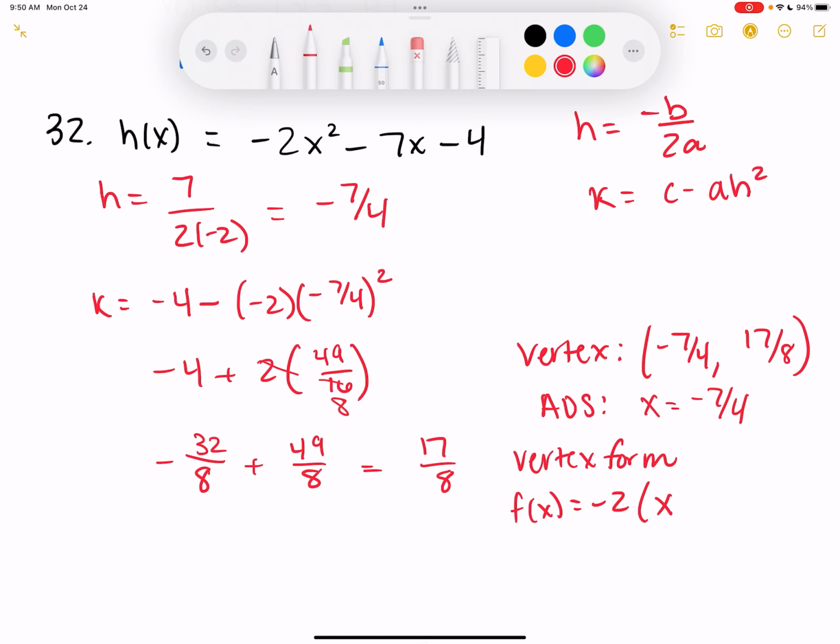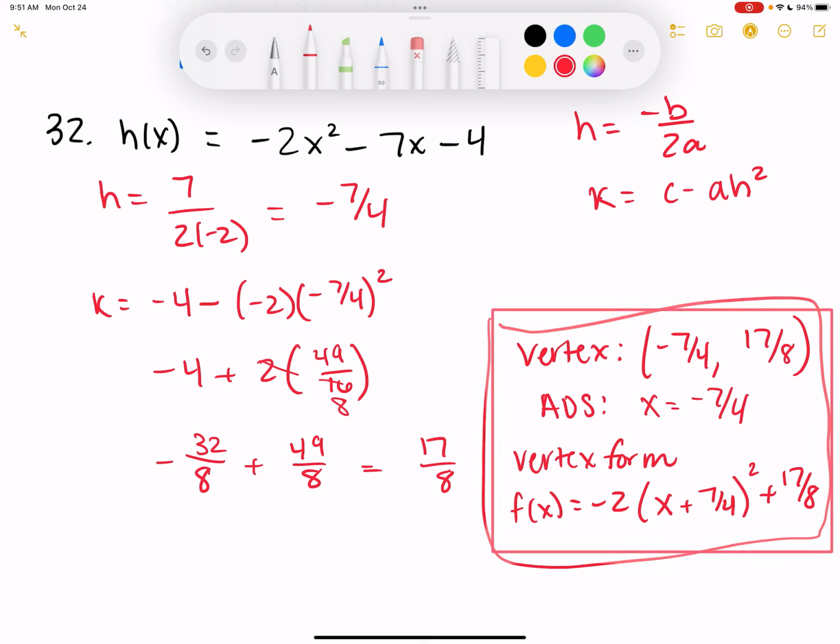It's negative 7, so it is minus, but we just copy down the number, 7 over 4. So it's x plus 7 over 4 squared. Then plus k. This is positive, so we just copy it down. So this is all the stuff that it asked us for.